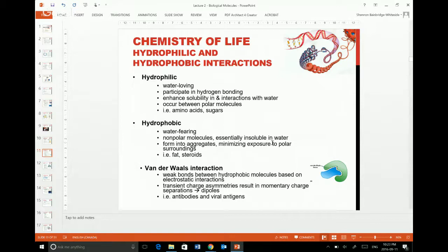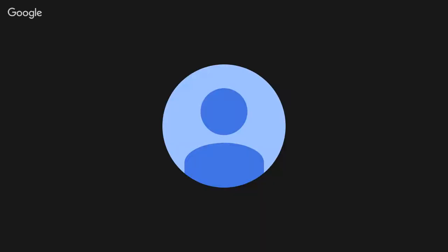So at any given time, you could have an atom that has all of the electrons on one side of the atom and none on the other. You get a transient dipole set up across the atom, and this can happen in hydrophobic molecules.